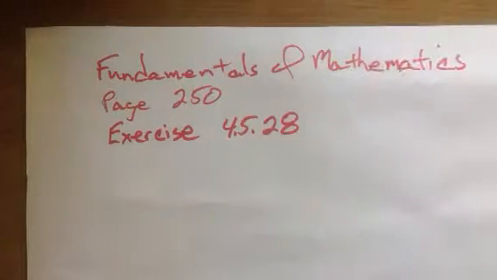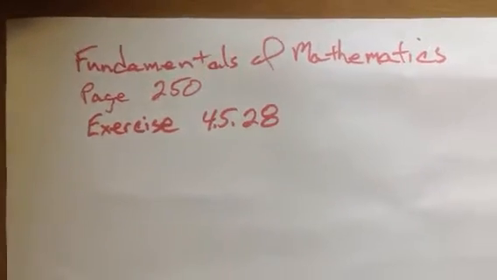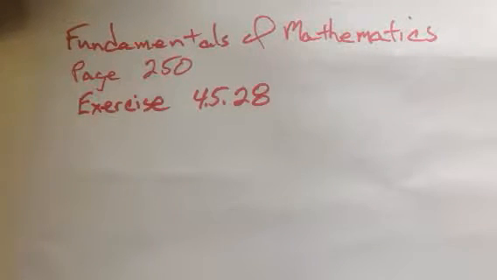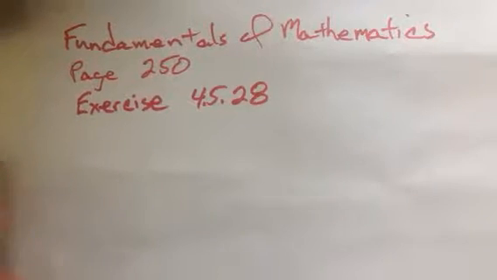Let's take a look in the Fundamentals of Mathematics, page 250, exercise 4.5.28. Now I'm not going to actually solve the exact problem that they have in there, but I'm going to show you an illustration of a problem and the solution for a problem that's very close.